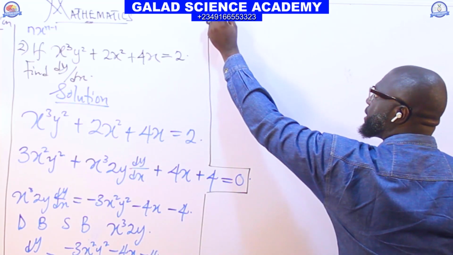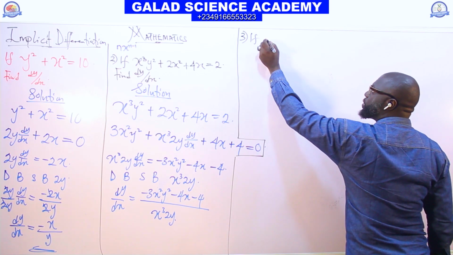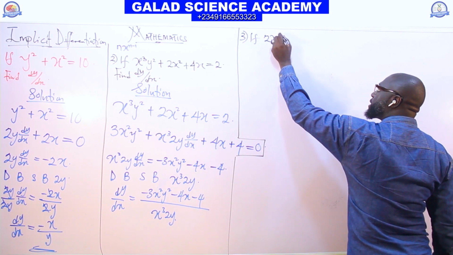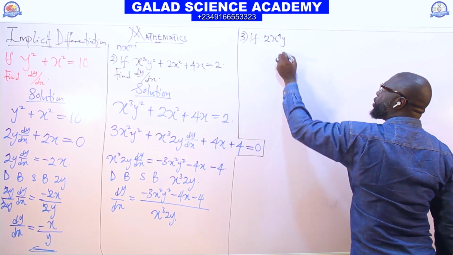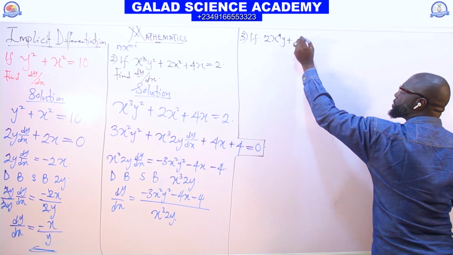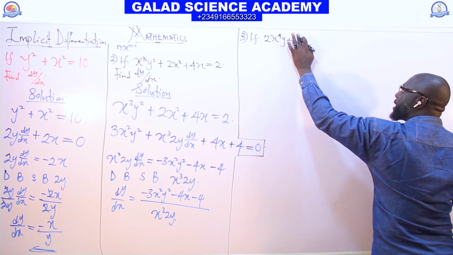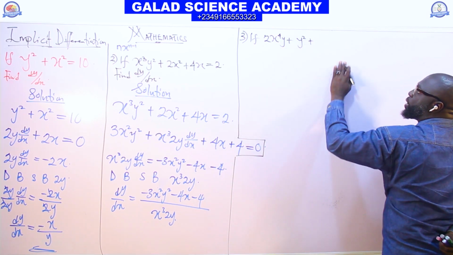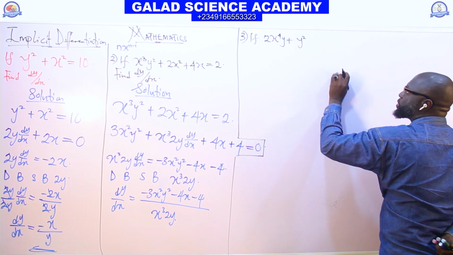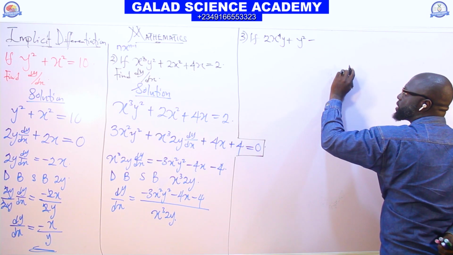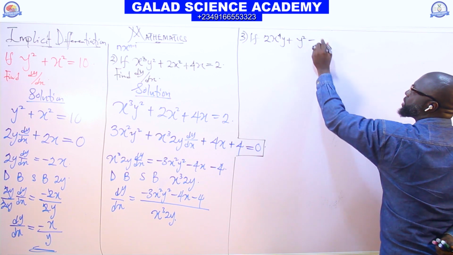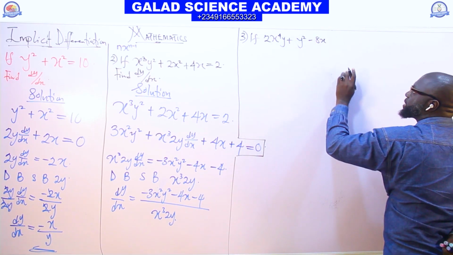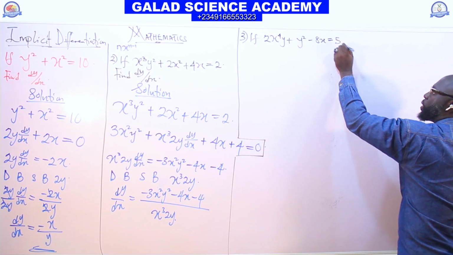Next one, let's look at example 3. If 2x raised to power 4 y plus y squared plus 8x, everything equal to 5.